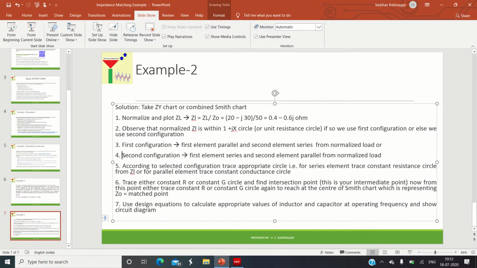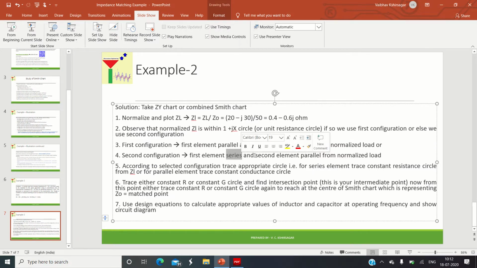The fourth step is then: the second configuration tells that the first element from the load should be series. Please remember, whatever impedance matching element we are going to design, the first element beginning from the load should be a series element.